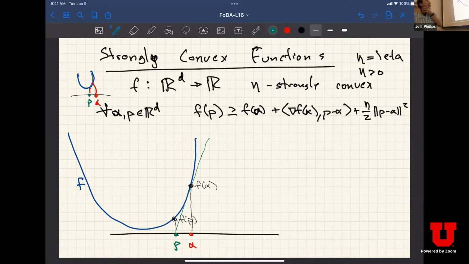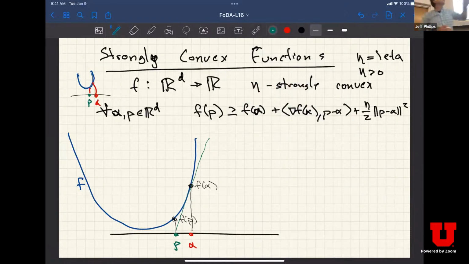As I move away from alpha in the direction of p, this is the linear approximation to the blue function f at alpha. If I use this linear approximation, f of p would be right down here, where it crosses over this value p.